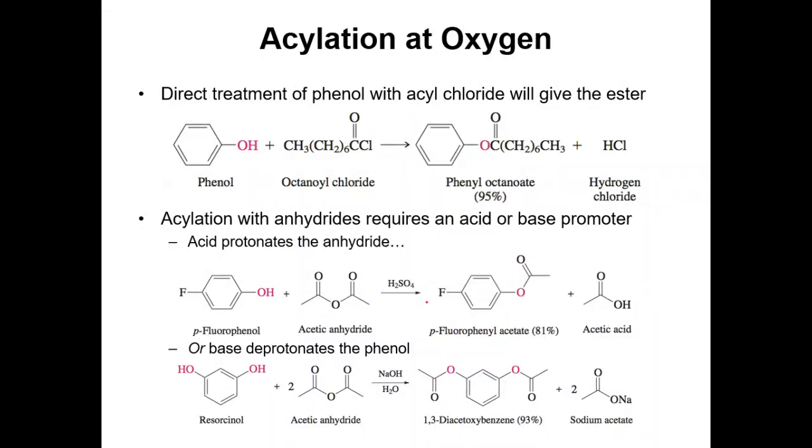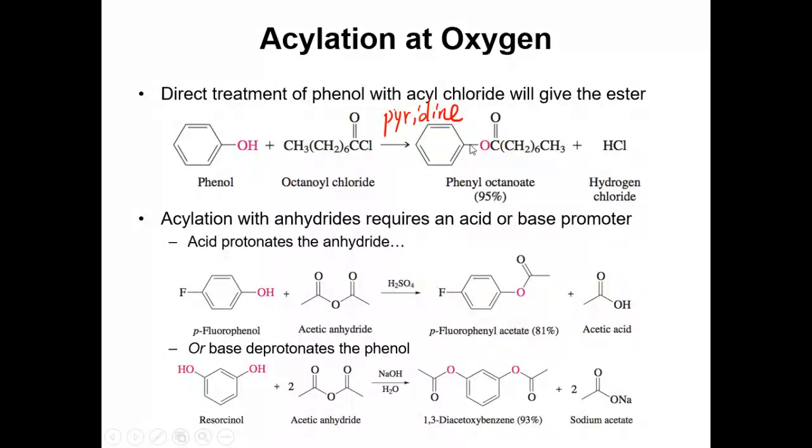If we don't use catalyst, the reaction is sort of slow. But often we can add pyridine here. The purpose of adding pyridine is to remove the formed HCl. Because we don't have a reaction condition to encourage the formation of acylium cation, the reaction is under kinetic control.